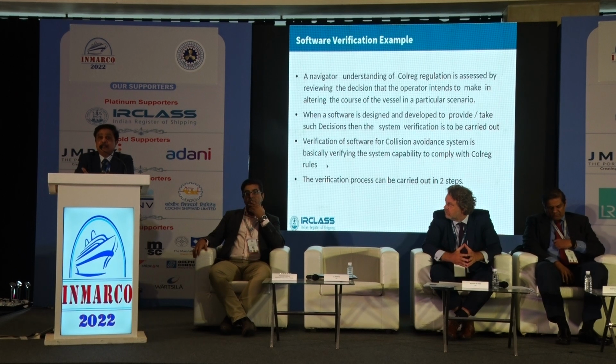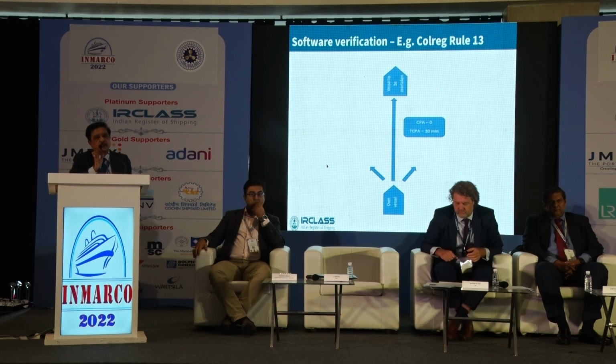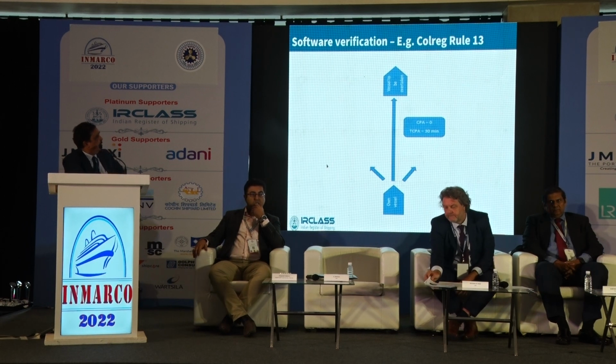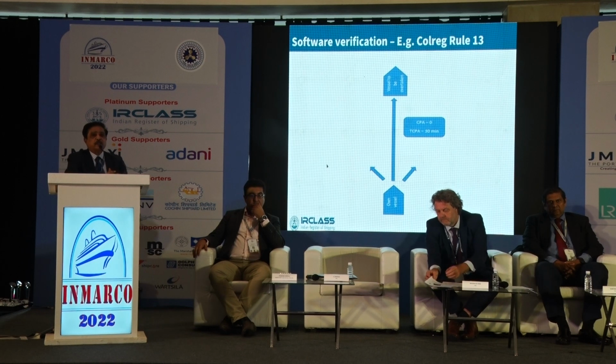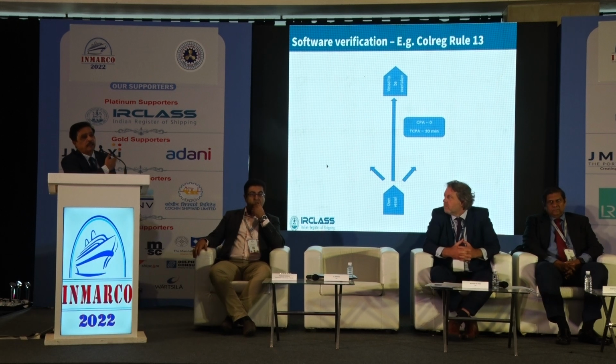Then it has to be done stepwise. A simple example, but I'm not a navigator, so I just pick the easiest example, Rule 13, which talks about overtaking a vessel. The normal navigator would be asked, how do you overtake the vessel? Either you can go port side or starboard side.